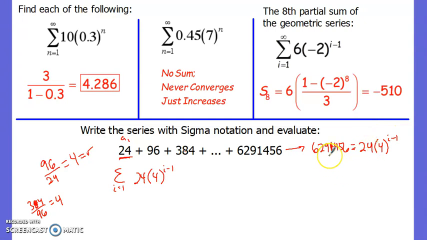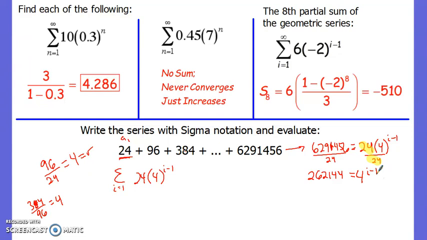Well, if I divide by 24 very quickly here, which would be helpful with my handy-dandy calculator, 6291456 divided by 24 comes out to 262,144. Divide by 24, divide by 24. That is now equal to, since we just got rid of our 24s, 4 to the i minus 1.